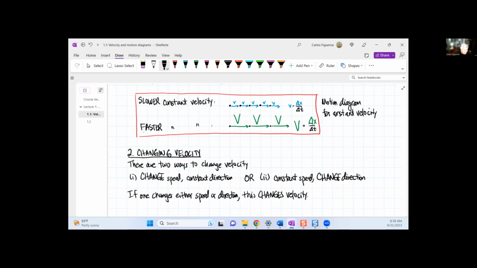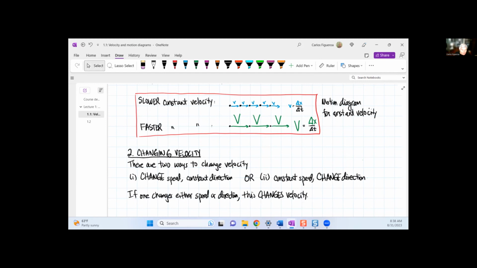And in the next chapter, when we say the word change in velocity, we mean acceleration. So we are talking about acceleration. I won't talk about the wording of acceleration because it gets tricky, and I think we need a little bit more experience with the motion diagrams before we jump into acceleration.